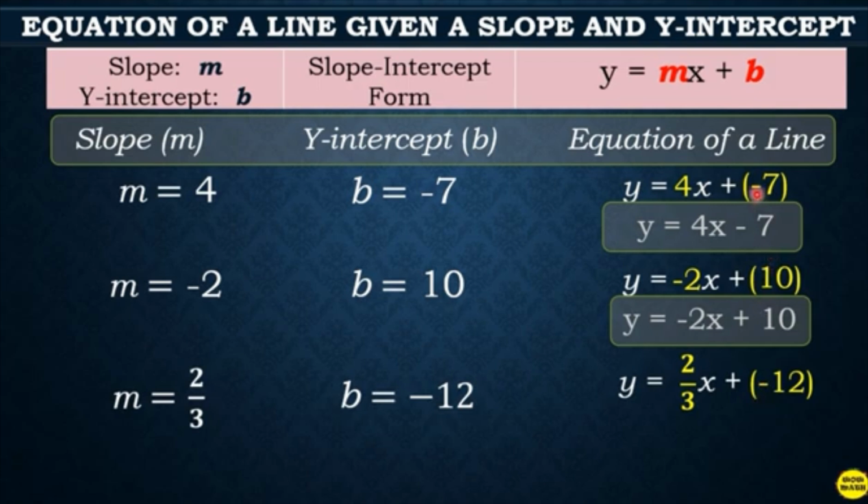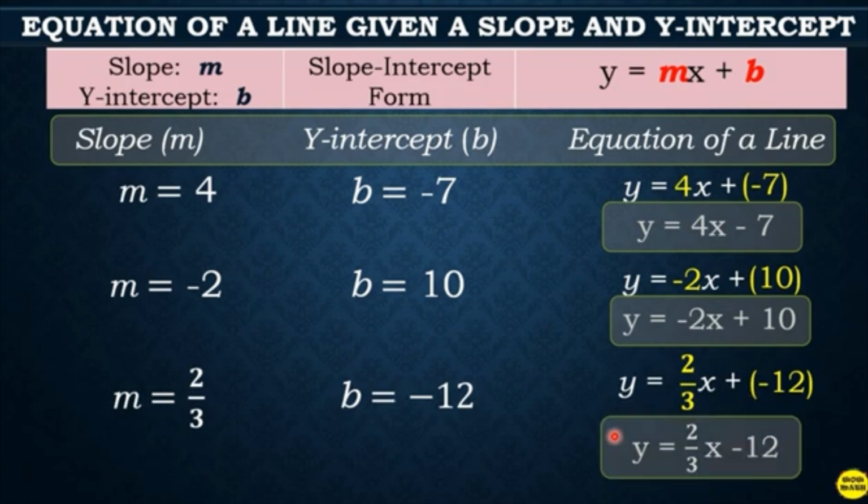Kagaya nito, so kapag nag-negative yung isa dyan, ibig sabihin negative na to. Okay, so let us simplify. So you will have y is equal to 2/3 x positive times negative, that is negative 12. Okay, so therefore, the equation of a line is y is equal to 2/3 x minus 12.